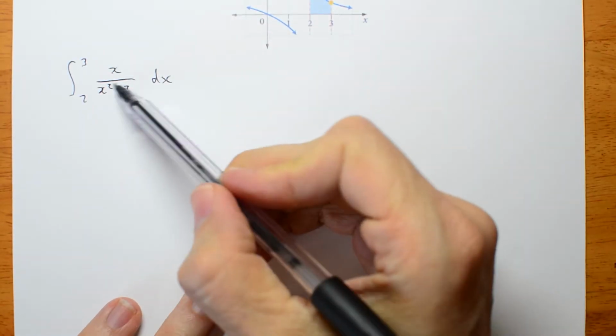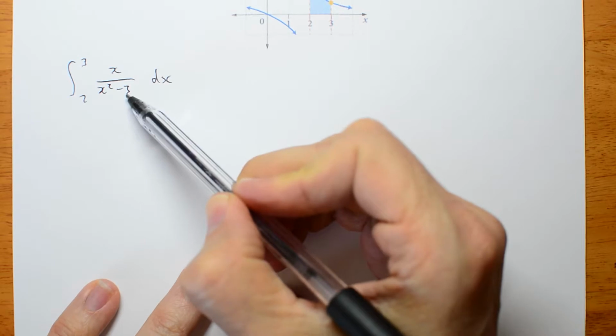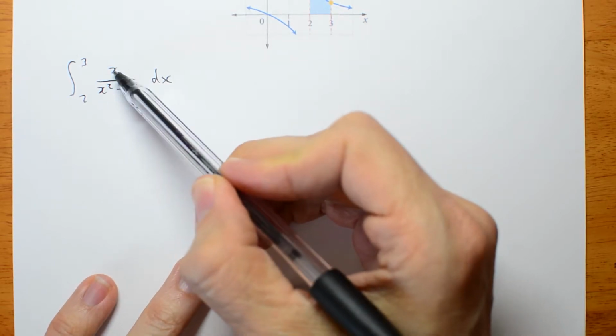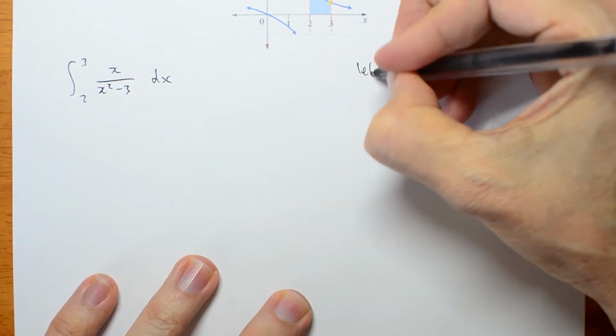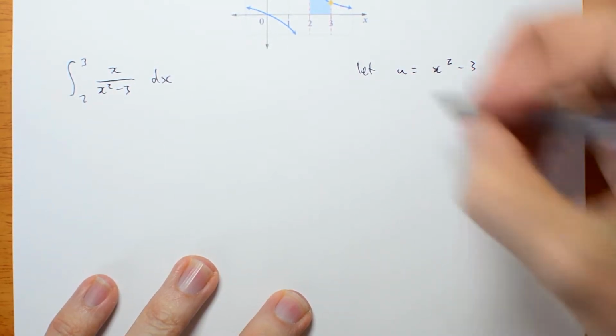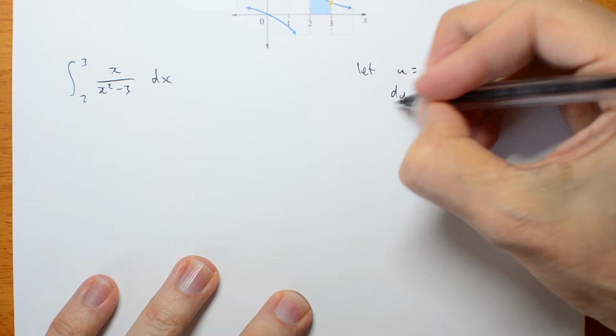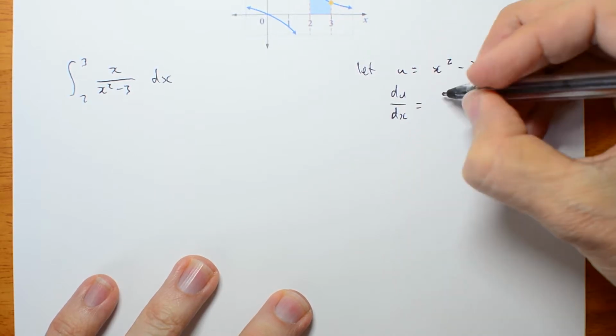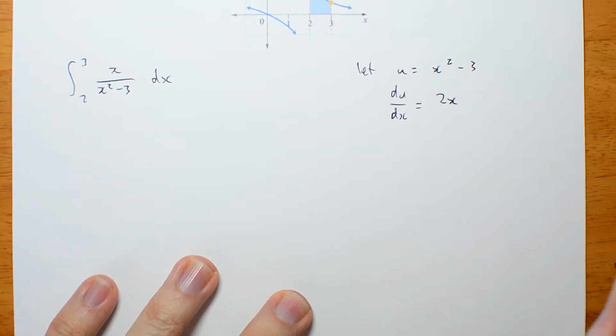So, my substitution is going to be x squared minus 3. Its derivative is 2x. Let u equal x squared minus 3. Then du/dx equals 2x.